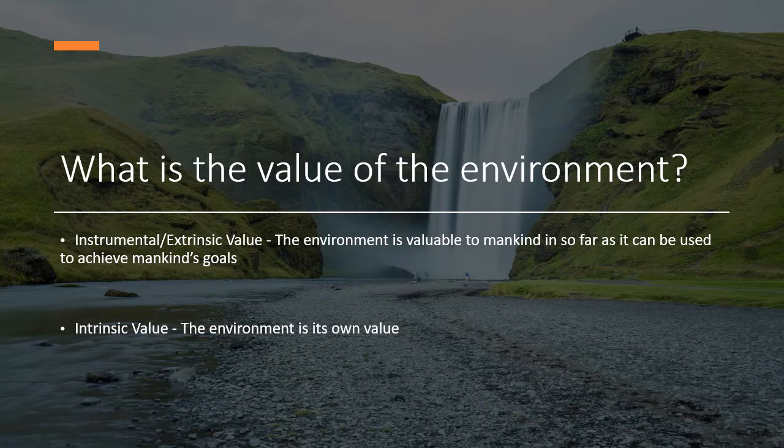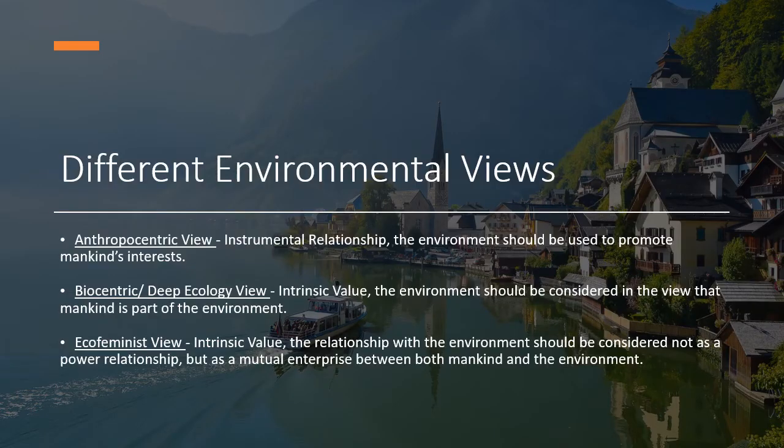Or is there something about the environment that gives it its own value? Does it, in other words, maybe transcend human value? And so the brief overview that we could take of this is to talk about these three main concepts. Anthropocentrism. I'll say that a couple of times.